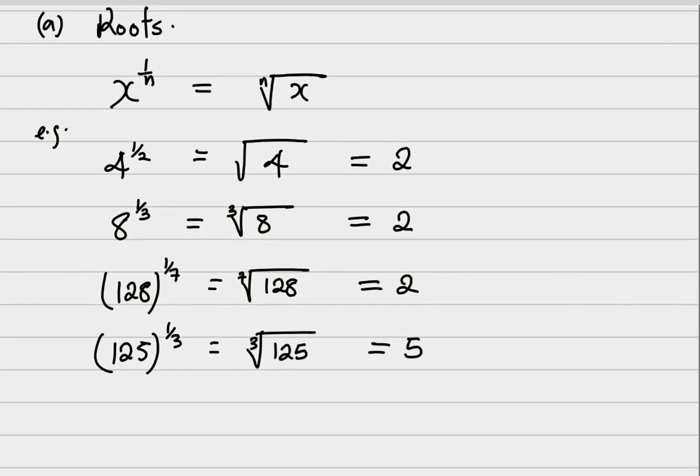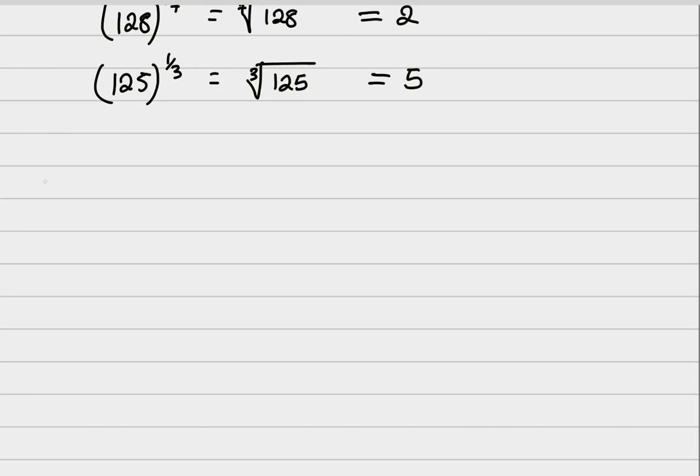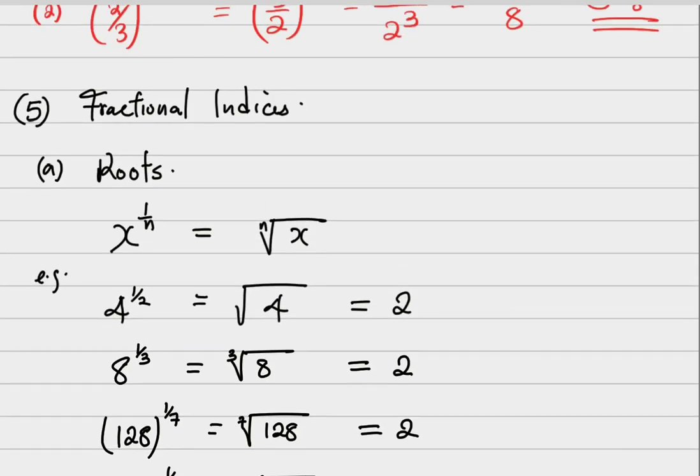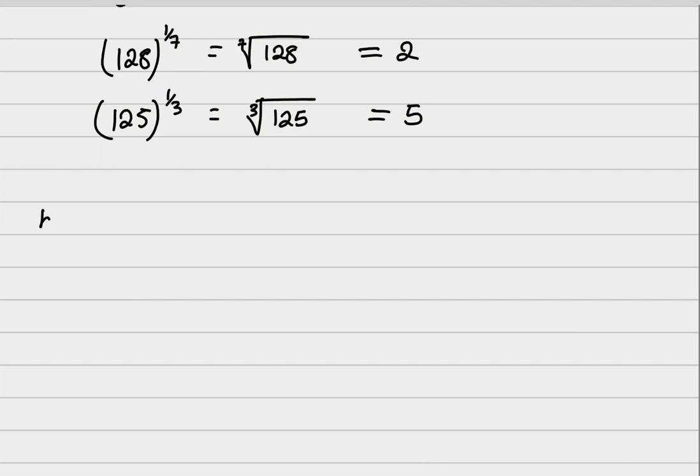Very important. The next thing I'll be talking about under this, that is the B, is this rule. If, for instance, I have x raised to power n over m, what will I do to actually work this out?